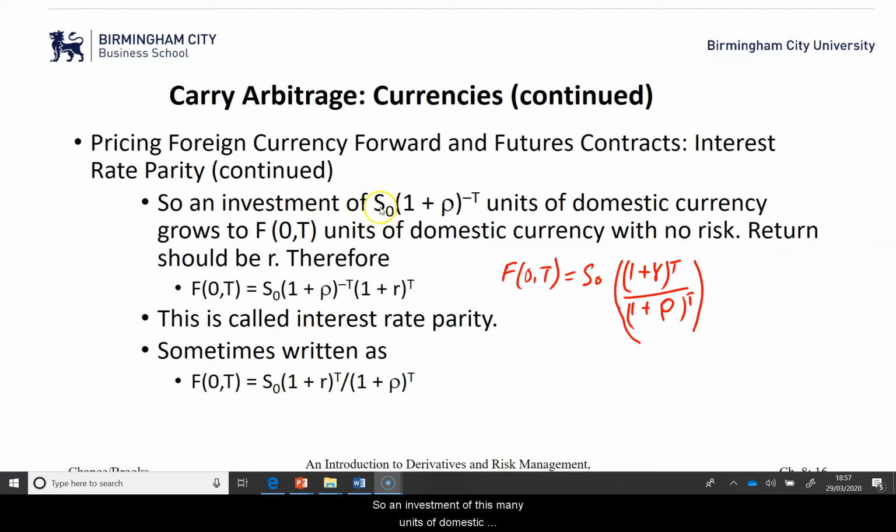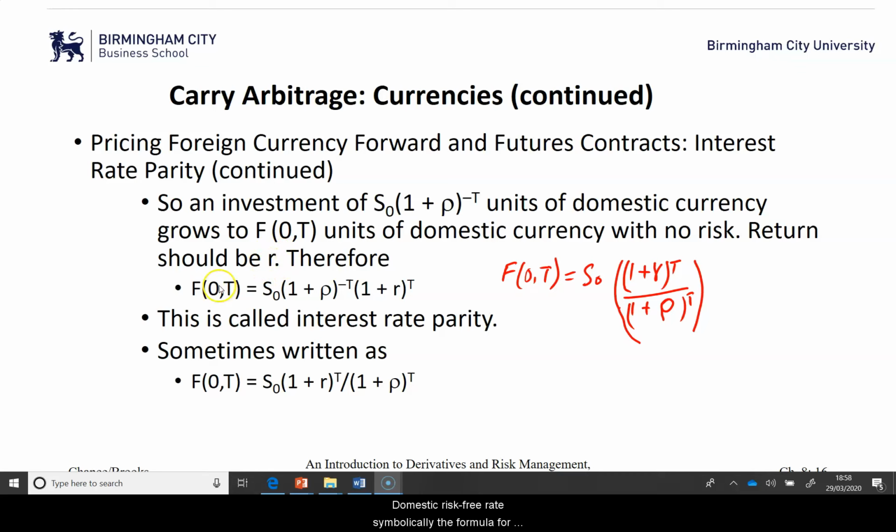So an investment of this many units of domestic currency grows to this many units of domestic currency without any risk in 1 year, or time t. Therefore, such an investment should earn the domestic risk-free rate.